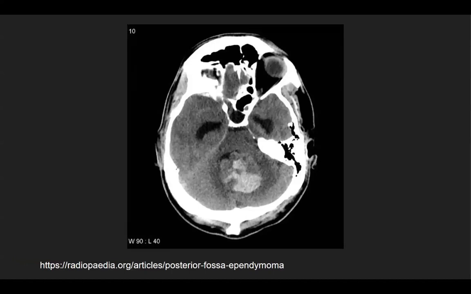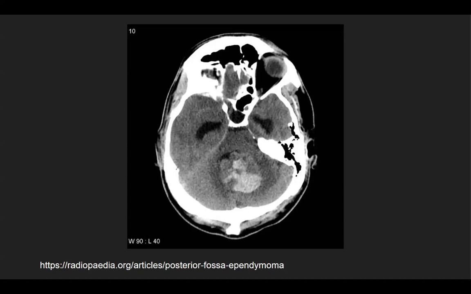Can someone else volunteer? This is an axial section CT brain plain showing a mixed hyperdense lesion at the level of the fourth ventricle, occupying it and compressing it towards the right side, and there is perilesional edema as well that is hypodense.